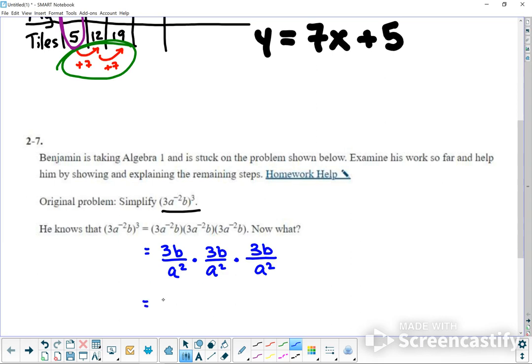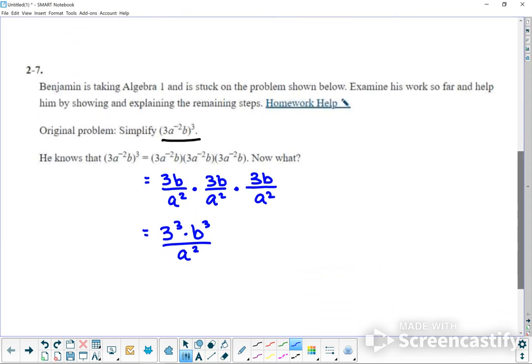So what does this make? This is going to be 3 to the third, because there's 1, 2, 3, and b also to the third. 1, 2, 3. So 3 to the third, b to the third, over a to the second. Okay? And if you really want to multiply the 3 to the third, it's 3 times 3, which is 9 times 3.